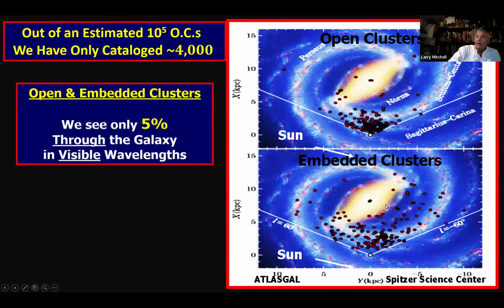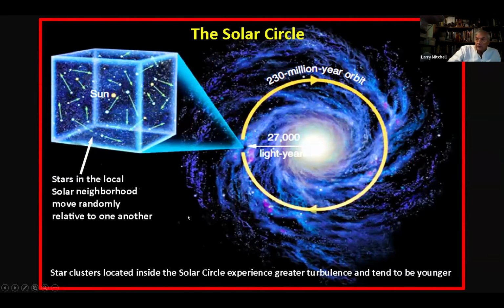But basically, we see only 5% through the galaxy in visible wavelengths, which is really not very much. We, in fact, can observe other galaxies much better than we can our own Milky Way galaxy in a lot of cases.